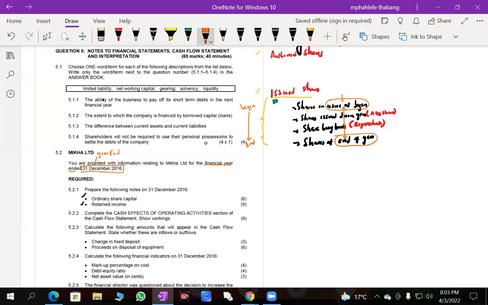Okay. To make it simple, Masilu, if we are at 31 December 2016, our financial year end, then last year, in the previous year, was 31 December 2015.